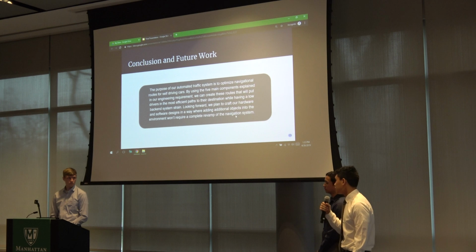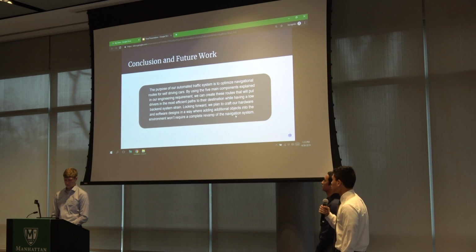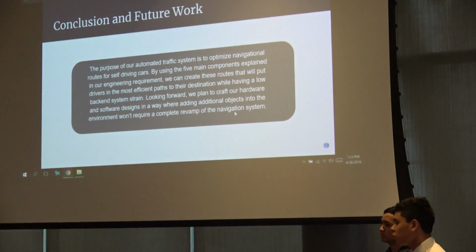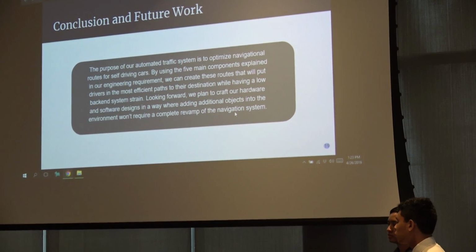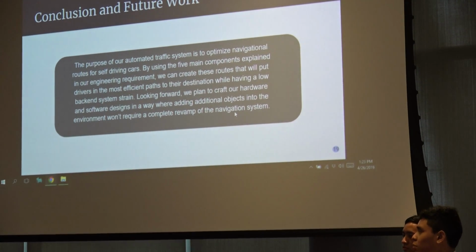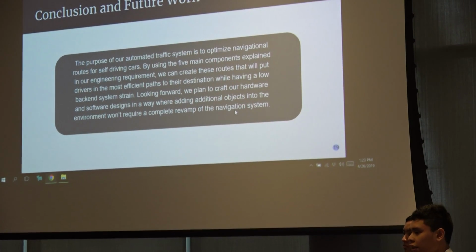So in conclusion, the purpose of our automated traffic system is to optimize navigational routes for self-driving cars. In our functional decomposition, we had 5 main components, and we believe those could eventually be scaled up so that it can be effective for real-world application. Throughout our year, we also had to learn a lot of different things.